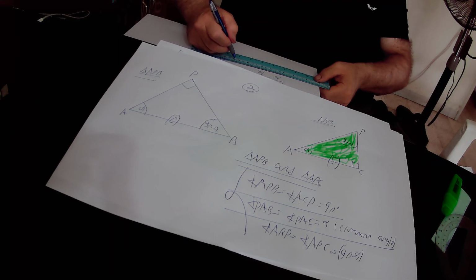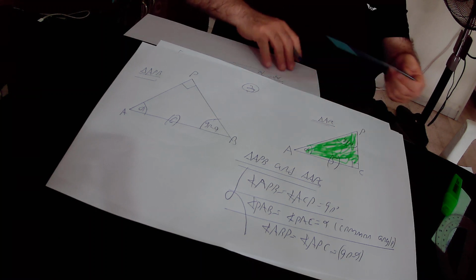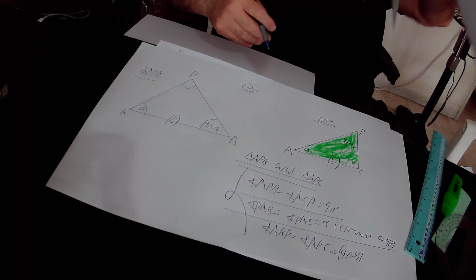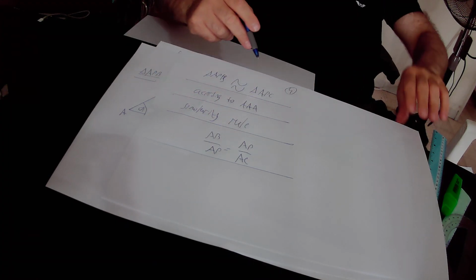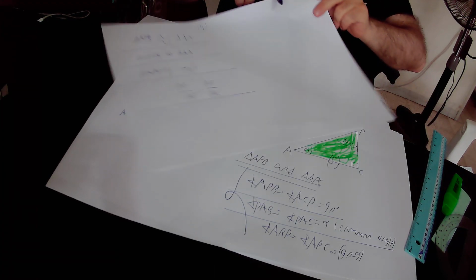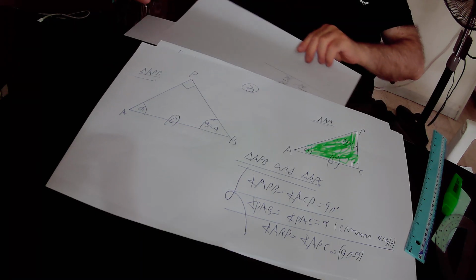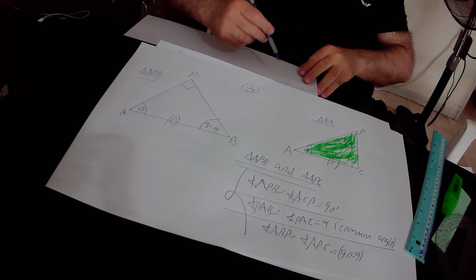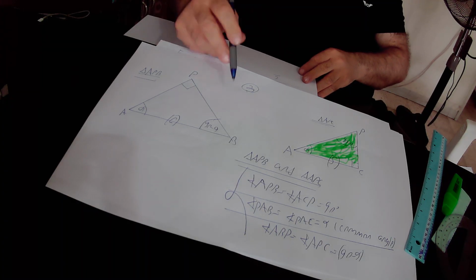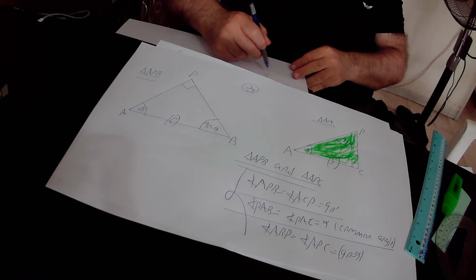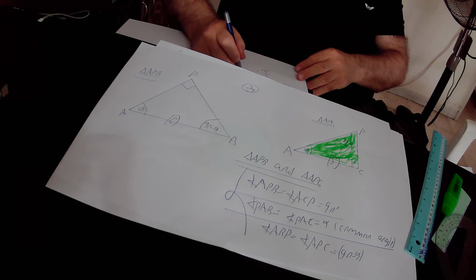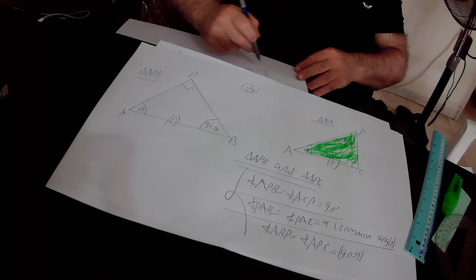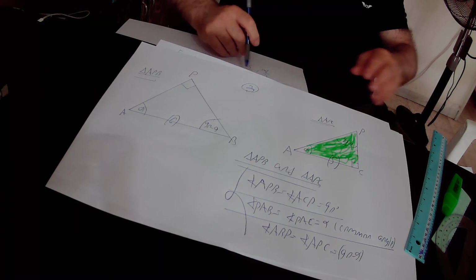So AB over AP equals AP over AC. AB is 6 over AP. AP is the missing side, so we leave it as it is. And it equals AP over AC. AC is 5, so AP over 5.